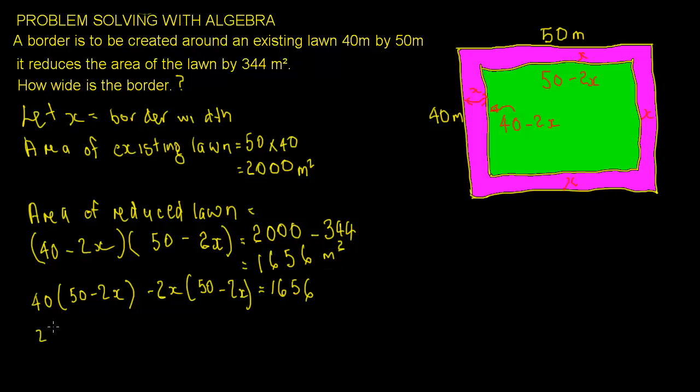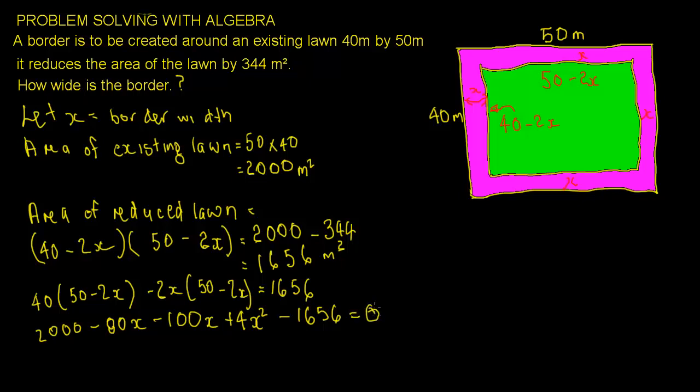So we get 2000 minus 80x, minus 2x times 50 is 100x, plus 4x squared, minus 1656. So I'm just going to take 1656 off both sides to equate that to 0.